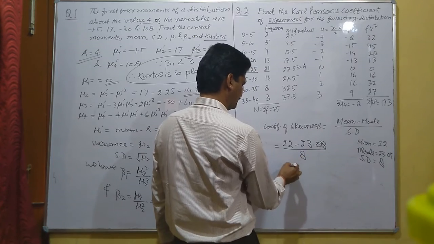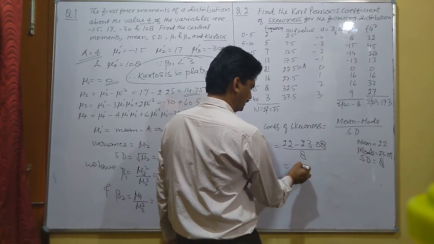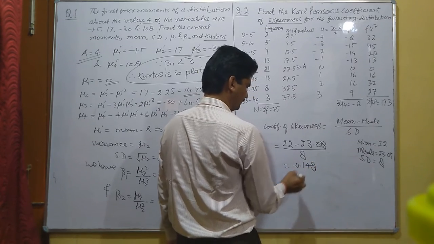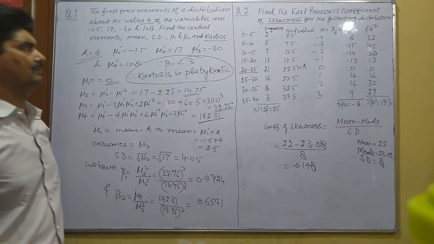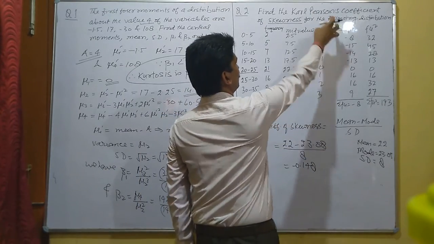So it comes approximately, after calculating, minus 0.14. This is the coefficient of skewness, and particularly it is called Pearson's.